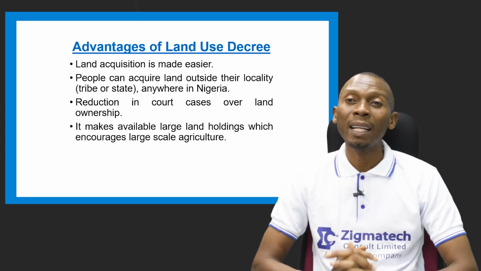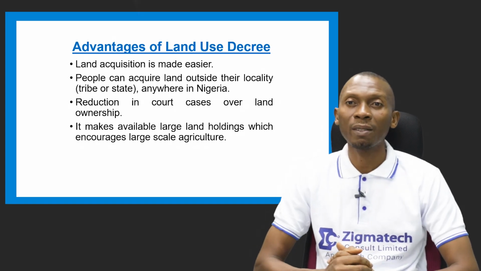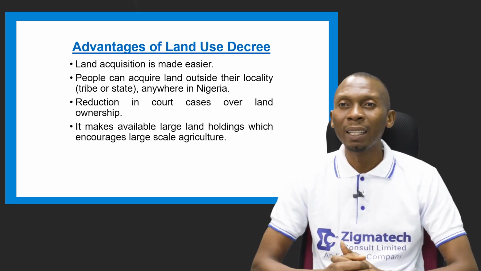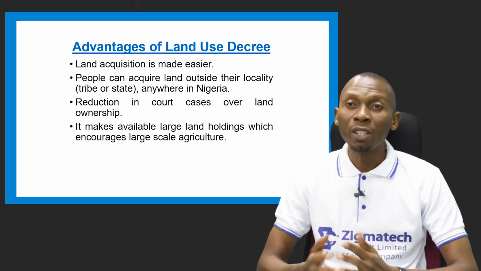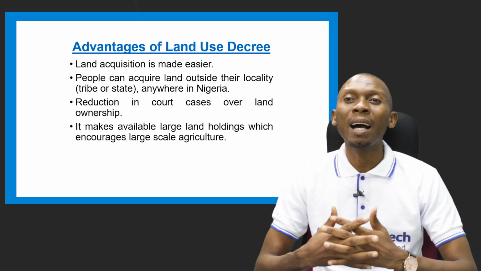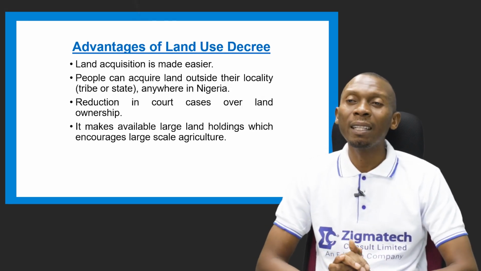Now here you can see that land acquisition is made easy as a result of the land use decree. Farmers or people who are interested in obtaining land, especially for agricultural purposes and for other uses or industries, can easily acquire land. Now people can acquire land outside their locality.